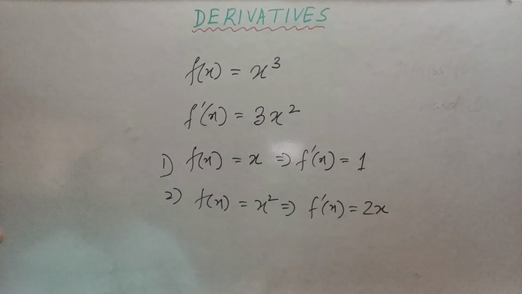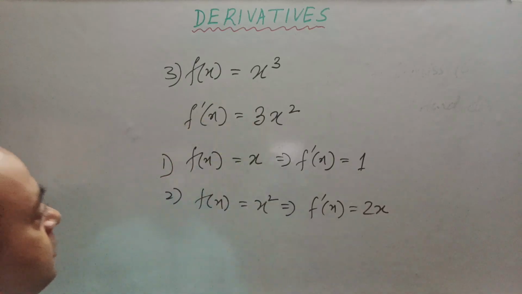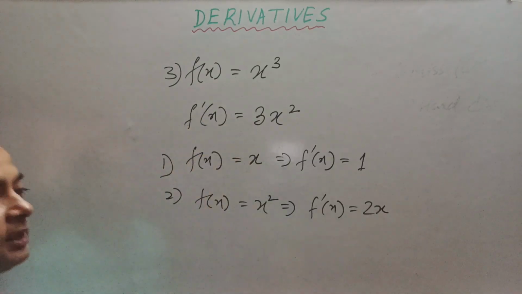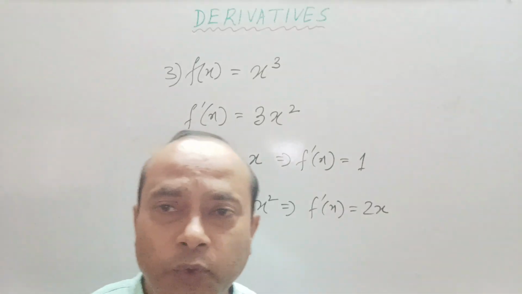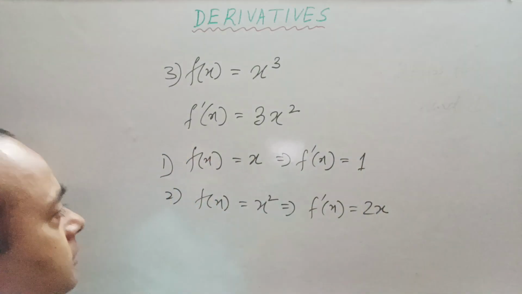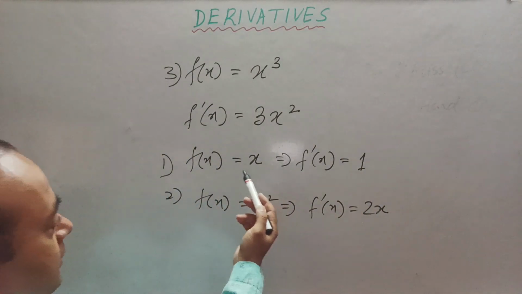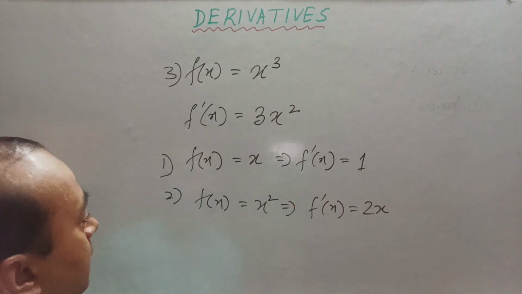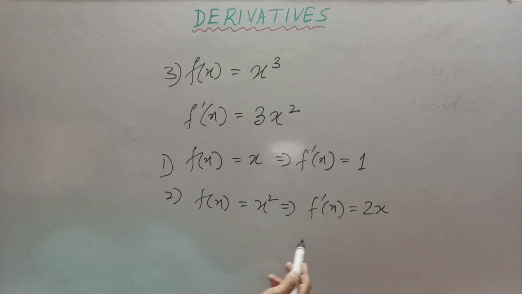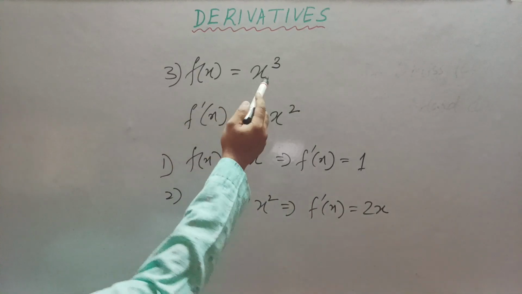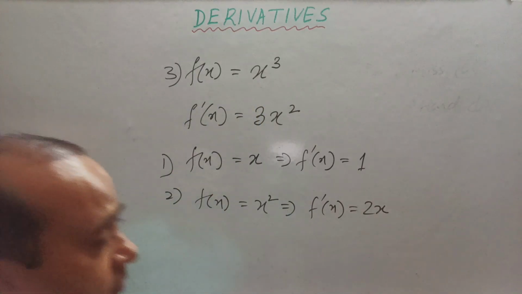And the third example, where f(x) is x cube and f dash x is 3x square. So if you identify the pattern here: f(x) is x, f dash x is 1; f(x) is x square, f dash x is 2x; f(x) is x cube, f dash x is 3x square.